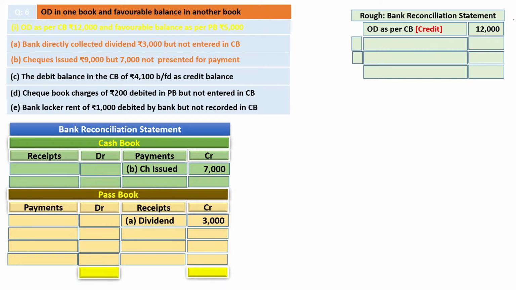Very interesting point, this one. Let me explain here. Cash book, the debit balance being 4,100, and on transferring, this is recorded in the credit side, rather than writing that in the debit side.